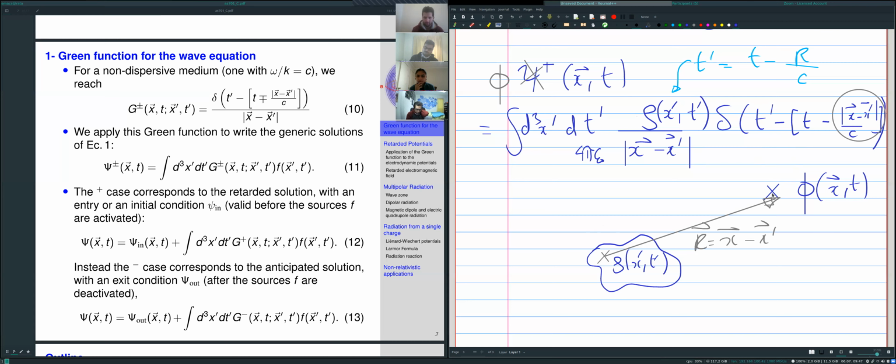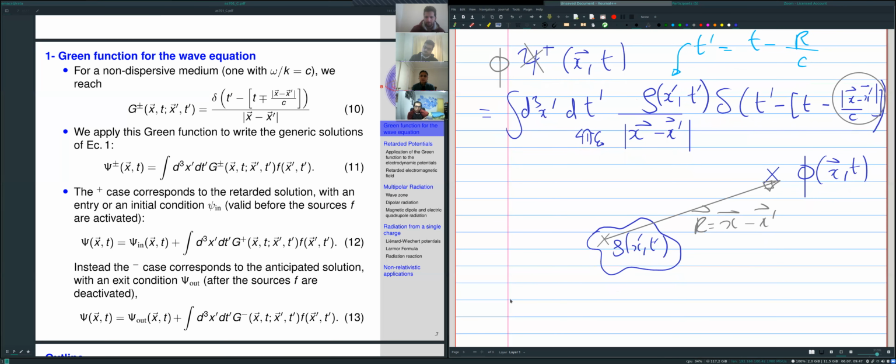It means that whatever potential you can measure here depends on the position of the sources at the retarded time. This I'm sure you've heard of, but it comes straightforward from the math, and makes a lot of physical sense once we look at those specific solutions. So just to repeat, we want to calculate the fields at some point in space. What the general solution tells us is that we need to evaluate the charges at the retarded time. So we can write it down like this.